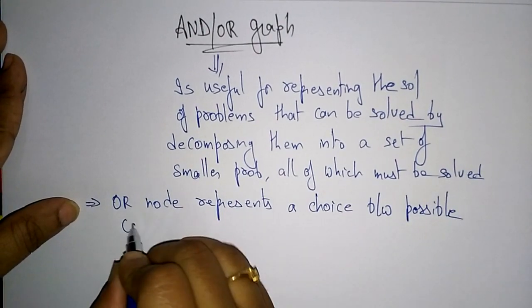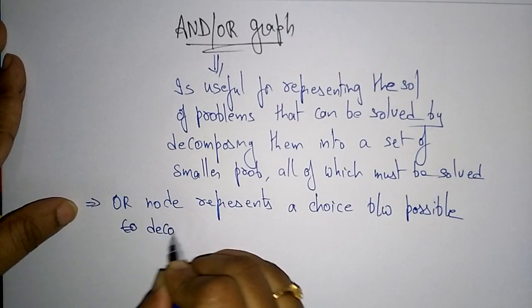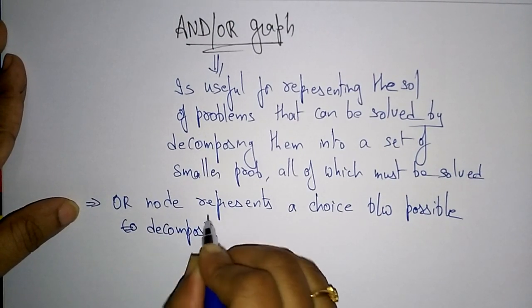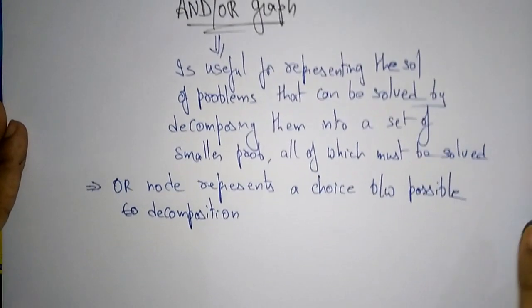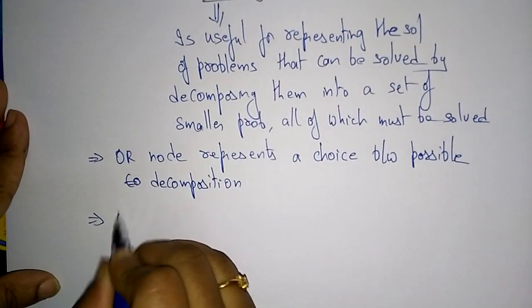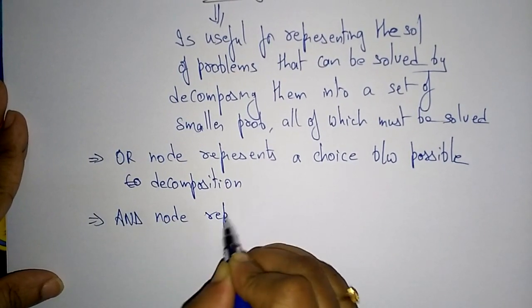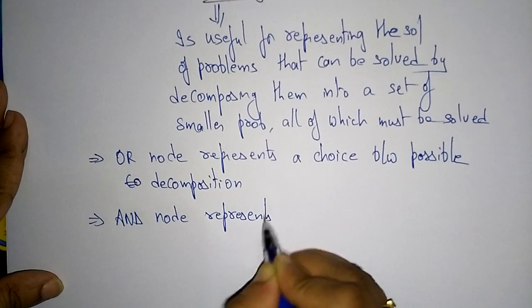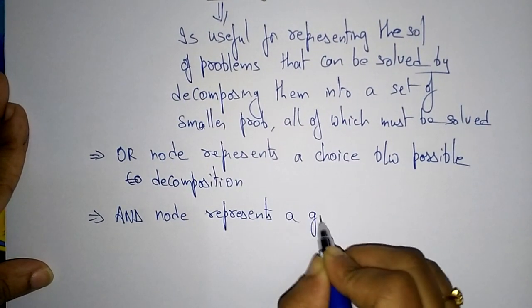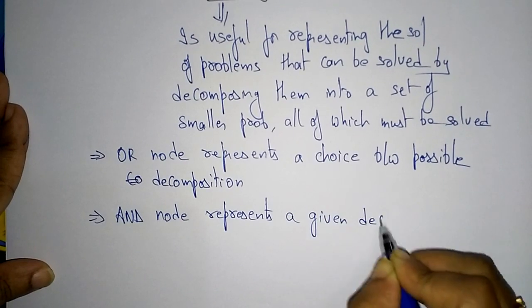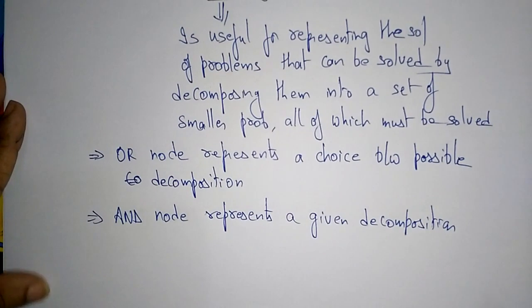Suppose two problems will be there, so in that you have to select one thing based on the least cost. Whereas coming to the AND node, it represents a given decomposition. Whatever the given decomposition is, that you have to select, that is the AND node.